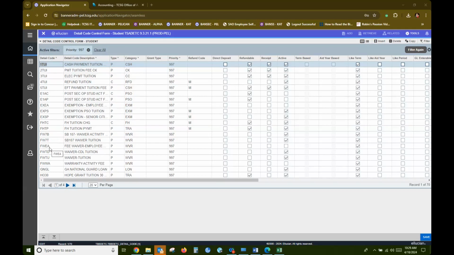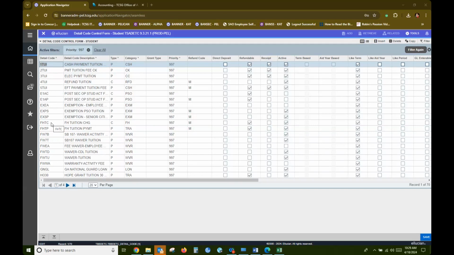It's the 4-character code, and again, these have to be on the Banner matrix, or if they are a wild card, which more than likely this one right here is, or this one right here is, it's unique to your college. You just have to make sure that you're not trying to set up the same detail code twice.